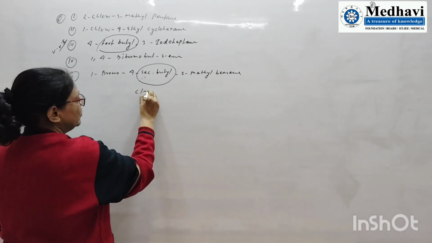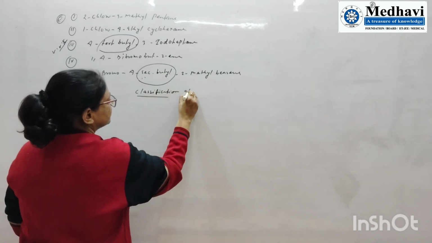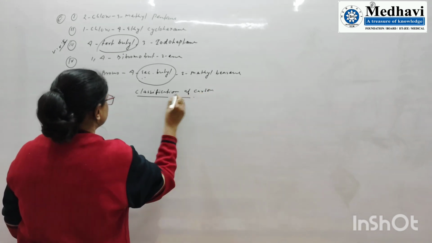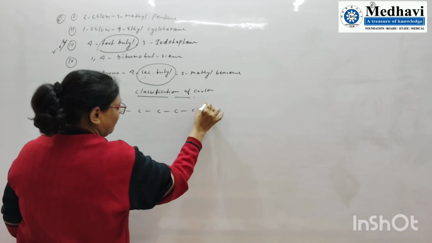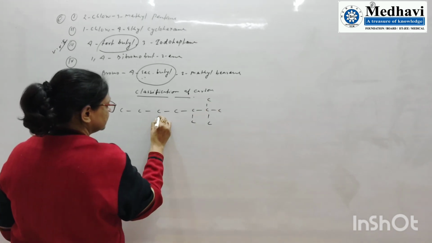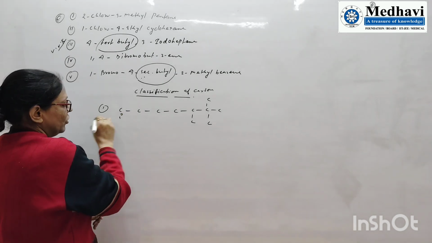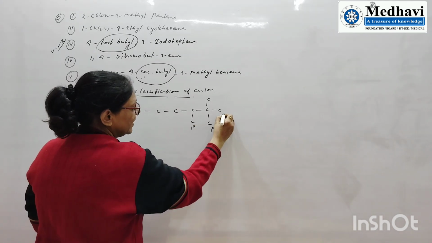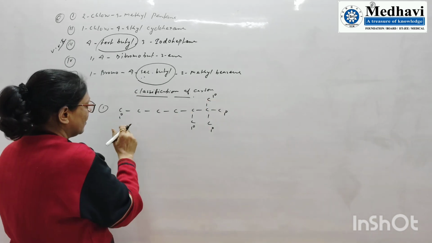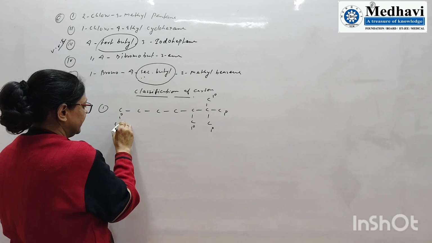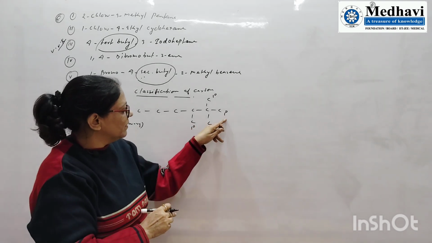So first you have to understand the classification of carbon. Very, very important. Suppose I am using this example compound. Remember, all the free-end carbons are primary carbons or 1 degree carbons.